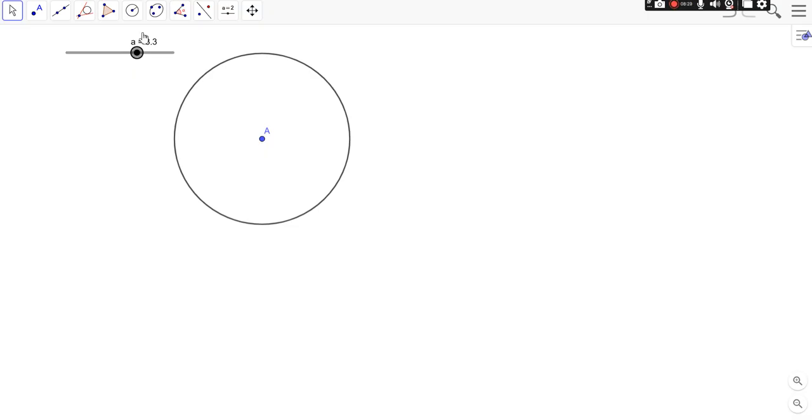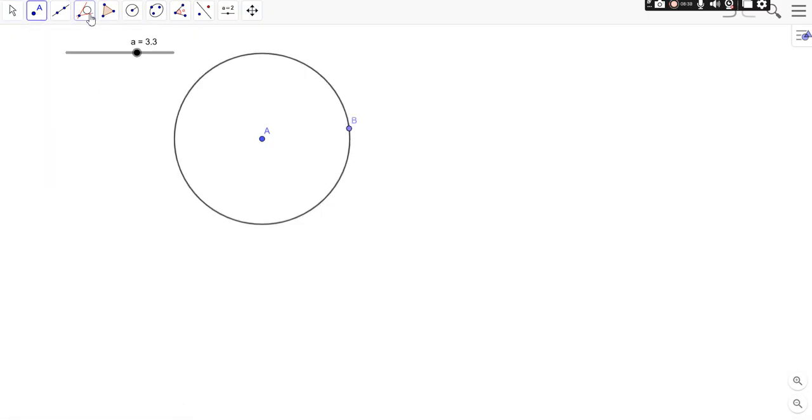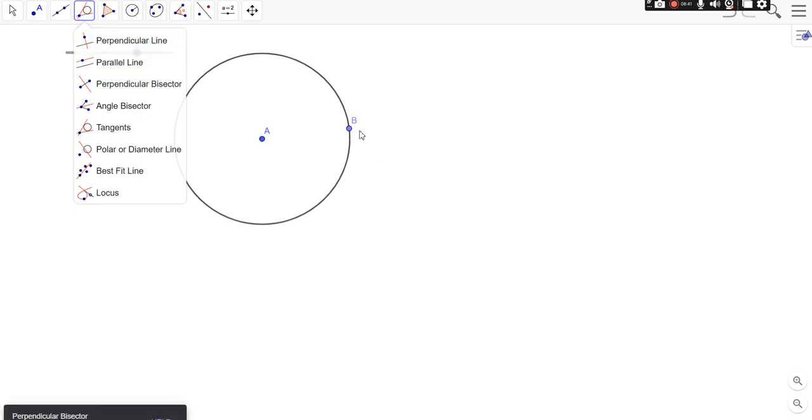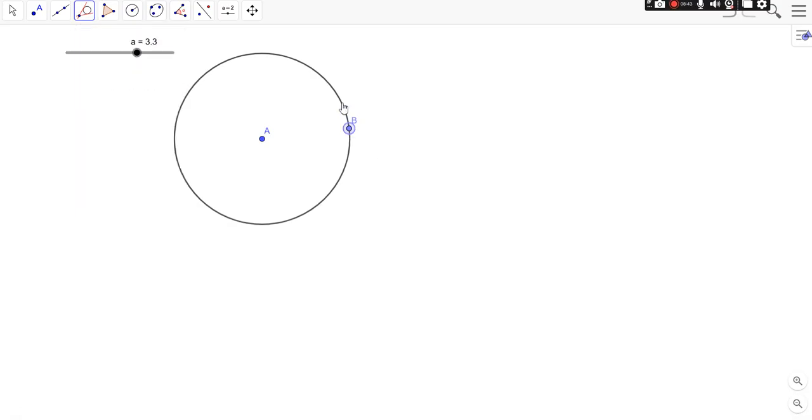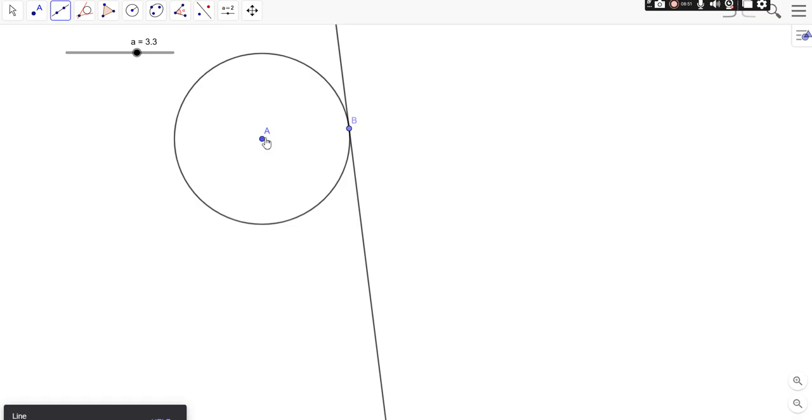Dear students, we'll draw a tangent on this circle. Let's take a point B on the circle and draw a tangent at this point. Now join the line segment AB.